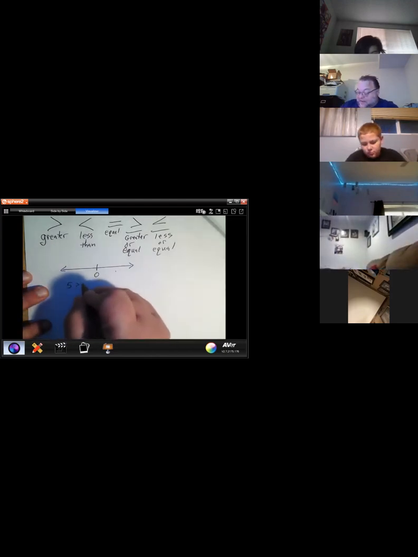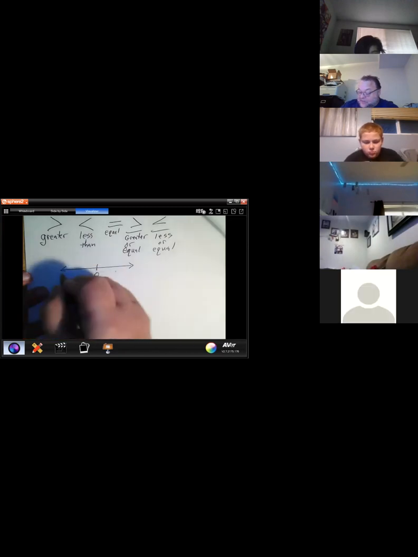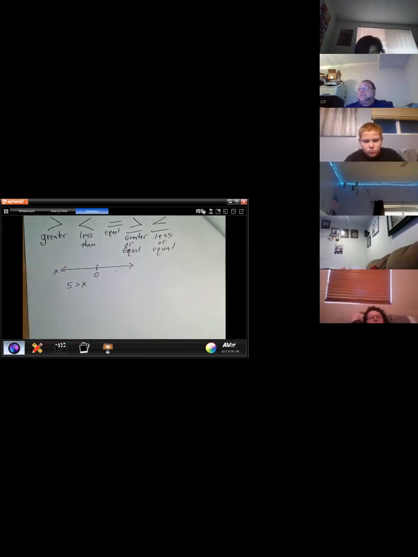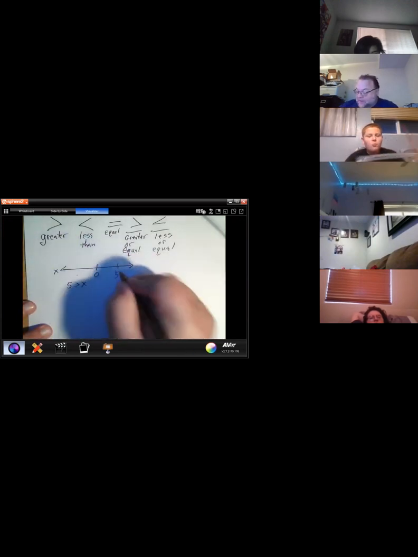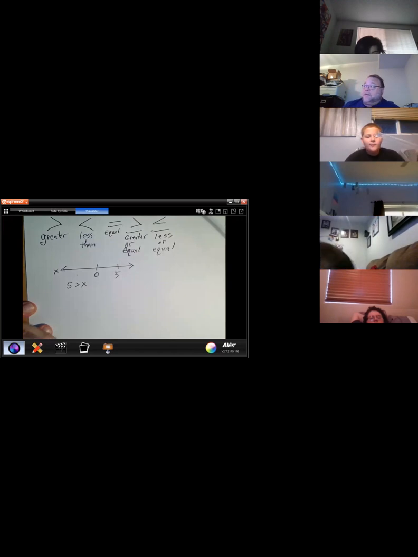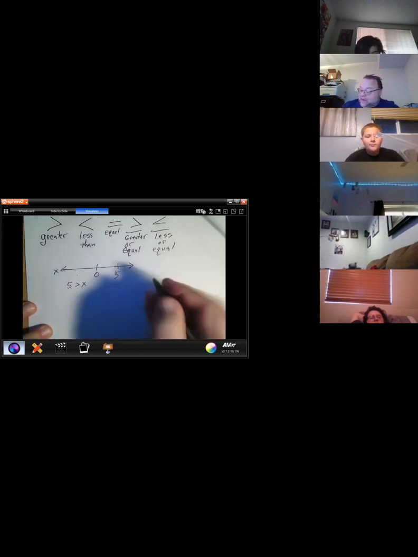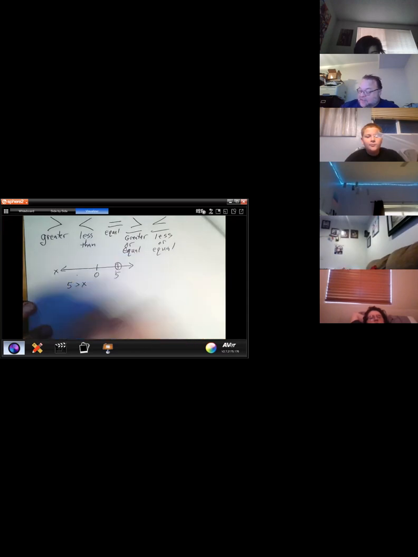What if I say 5 is greater than x? And we're going to say that this is x, okay? This is going to represent x. So what does that look like? Well, I'm going to put a 5 here because that's the number that's in my inequality, right? Now I'm going to circle the 5 because that's where my inequality starts.